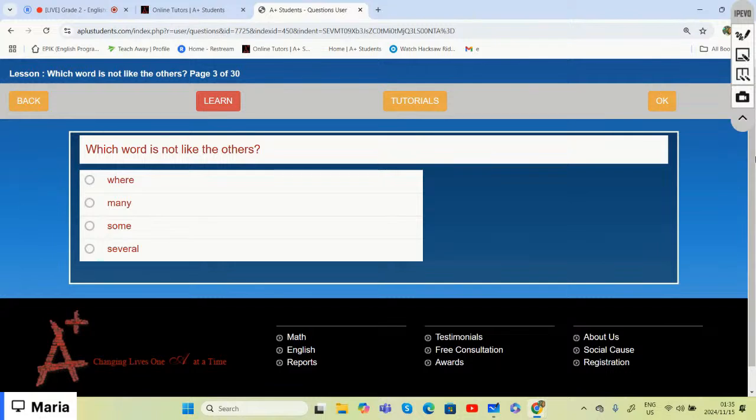So if we look at the words where, many, some, several, what is the word that is not like the others?